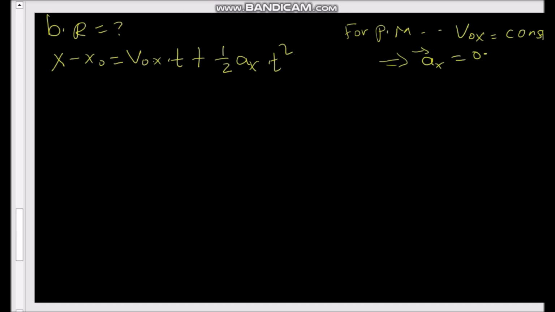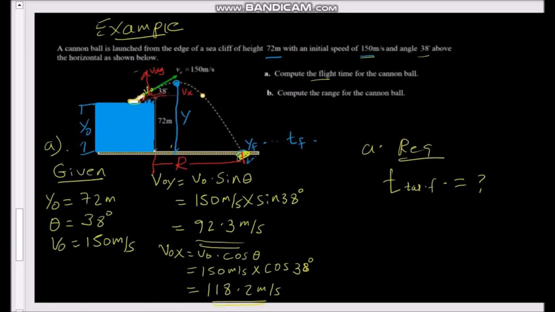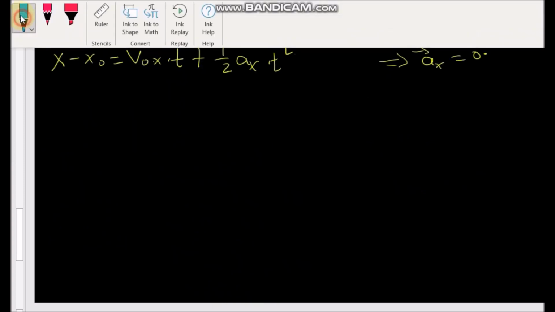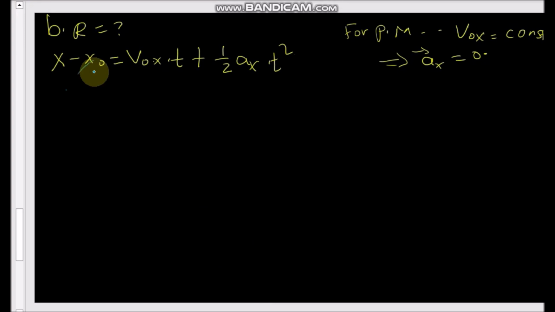Again, at this point there is no starting point, that means the initial displacement is already 0. Now we can rewrite this equation: this part is already 0, and this part is already 0.